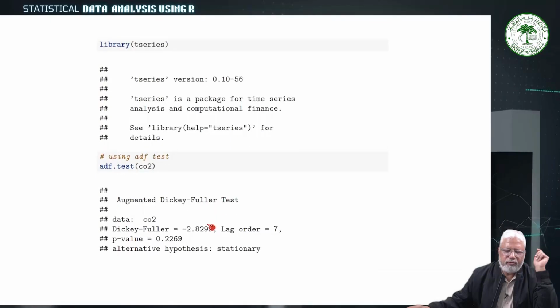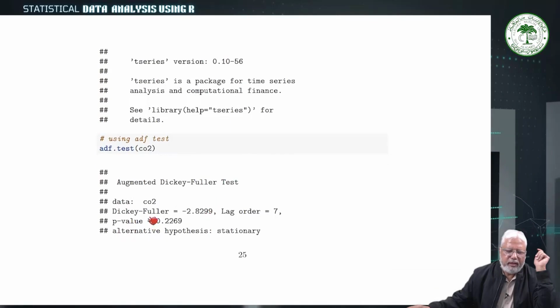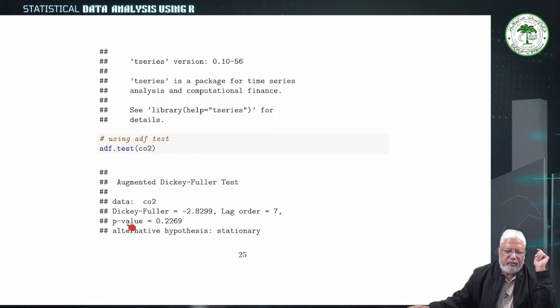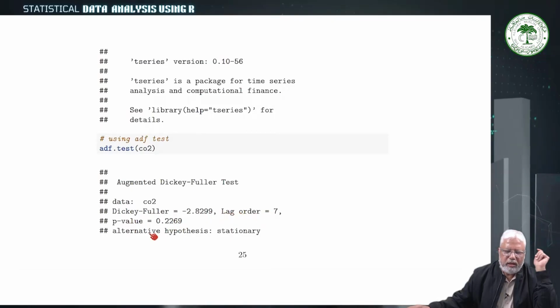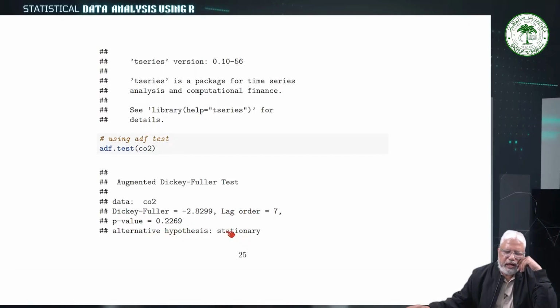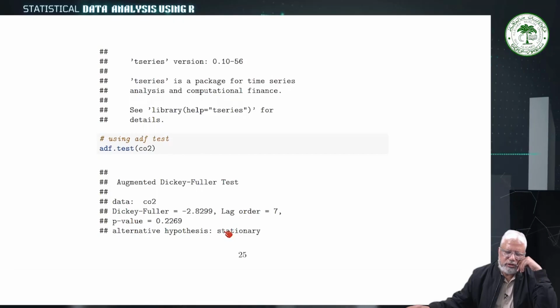Augmented Dickey-Fuller test. The Dickey-Fuller test statistic is this: lag order is equal to 7, p value 0.2269. Alternative hypothesis is stationary. Here the null hypothesis is non-stationary, alternative is stationary.